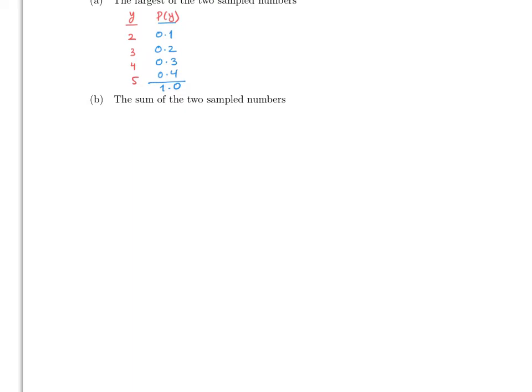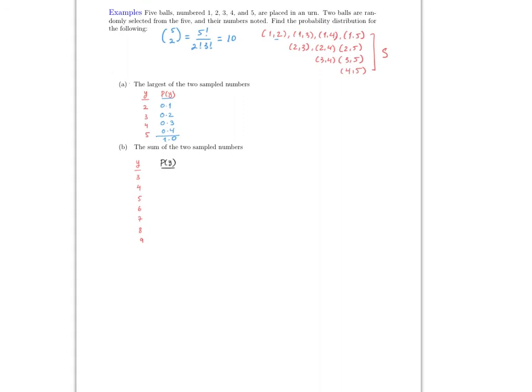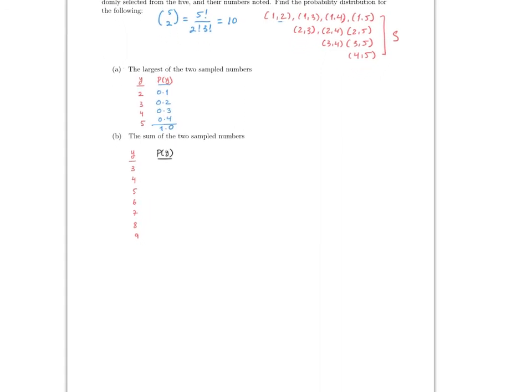Right, so now we focus on the sum. Well, the smallest sum is going to be 3, and it can go from 3 to 4, 5, 6, 7, 8, 9. The biggest one is 9, you have 5 and 4. And for the probability of each of them, how many give you a sum of 3 is only this one, so that will be 0.1. The next one will also be 0.1, because to get a 4, you only have one that will give you a sum of 4.